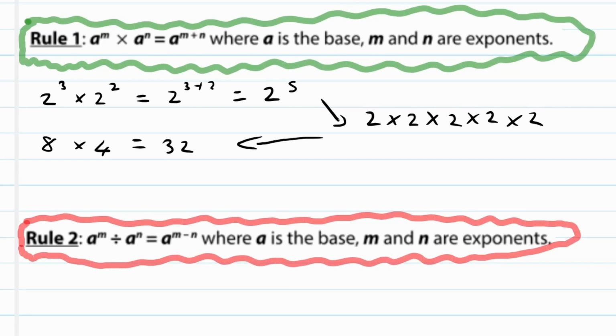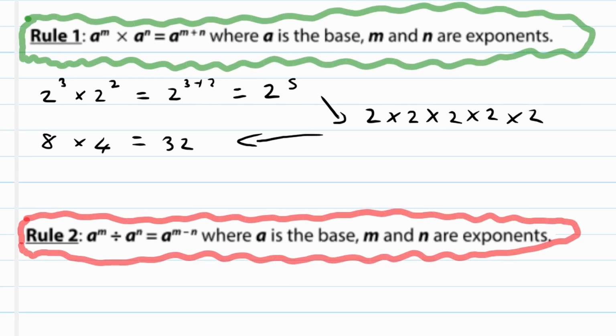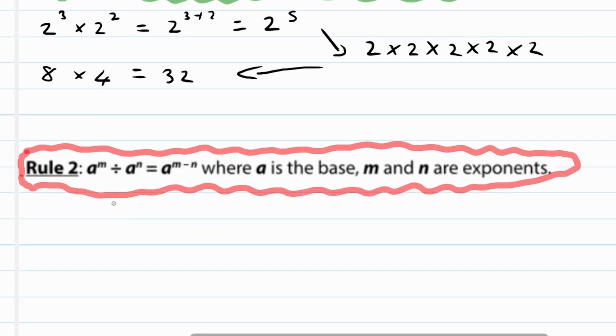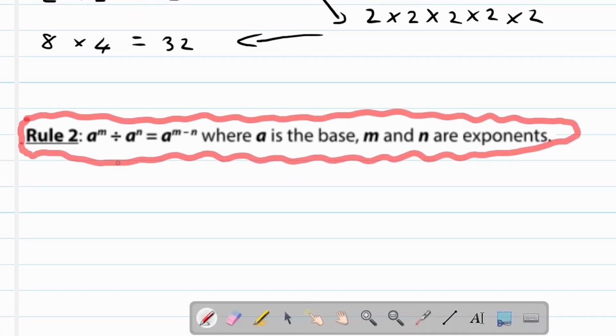Now the same goes with division. So as you remember from a previous video, I've already explained this. So let's say, for instance, we have 3 to the power of 5 divided by 3 to the power of 2. Then it's easy to write it down and understand as follows. 3 times 3 times 3 times 3 times 3.